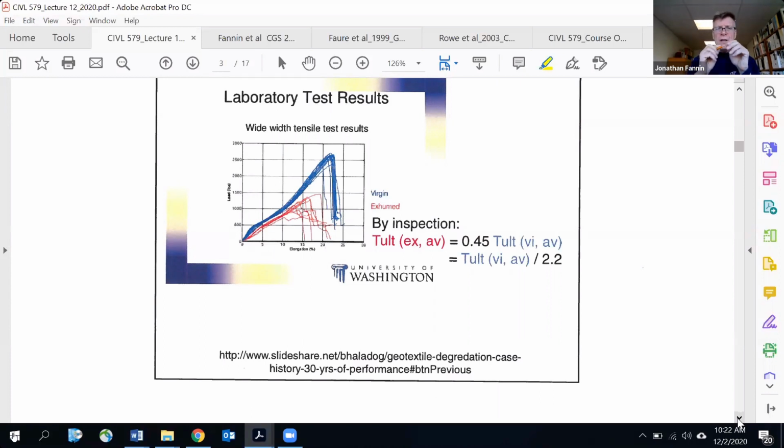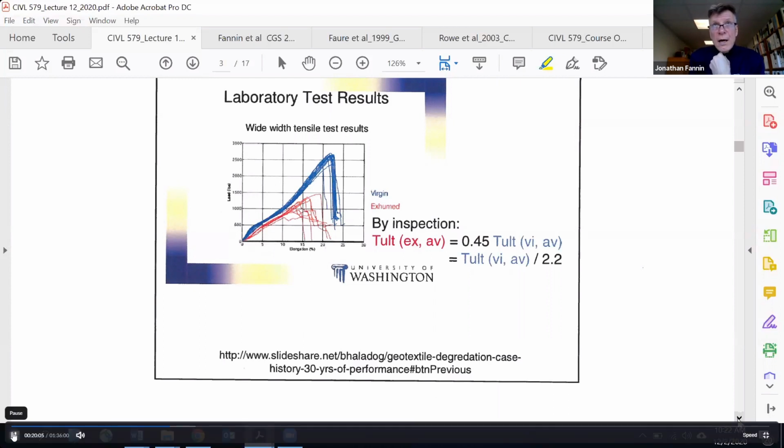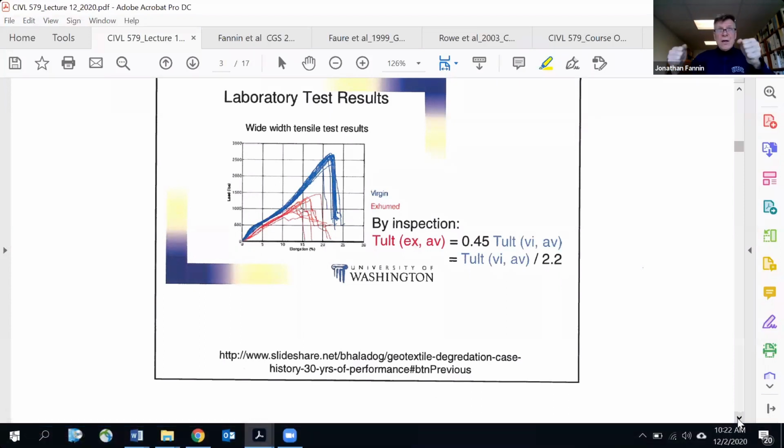And I put this in here because the reduction in strength is considerable. It's of the order of about a factor of 2 or a little bit further. And it's unclear, just because of the nature of no testing being available on specimens that were exhumed at the time of construction.